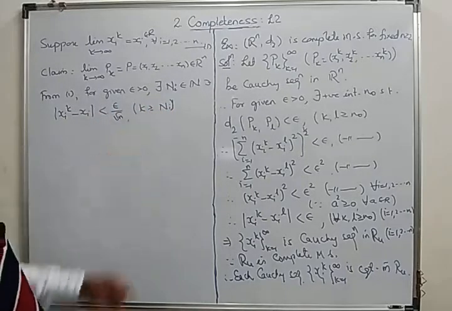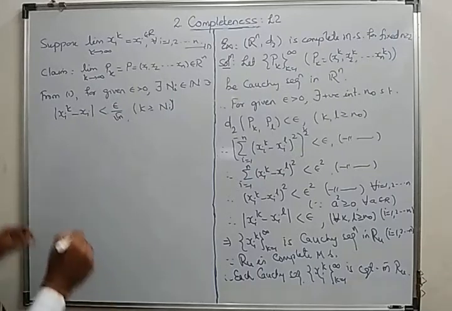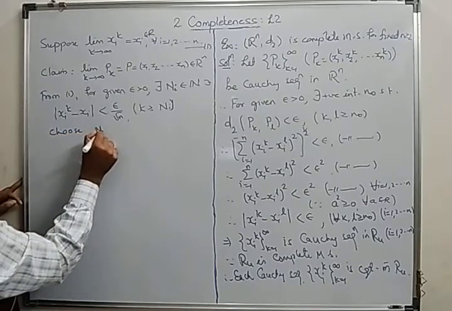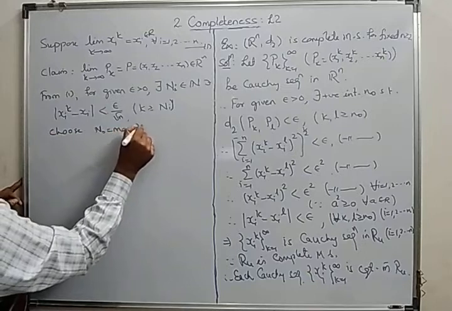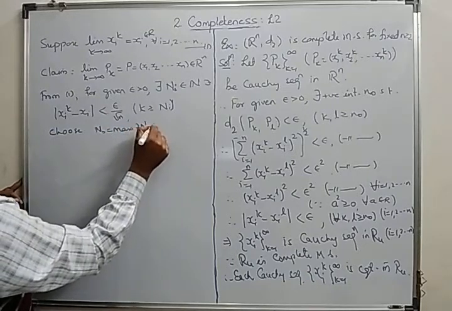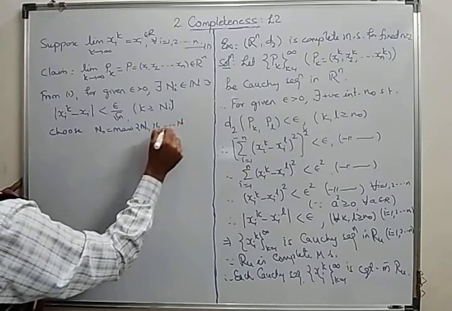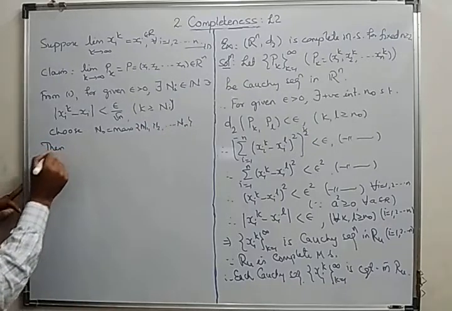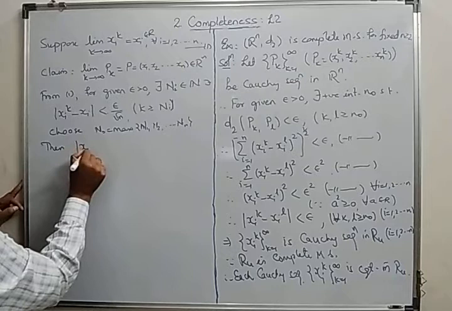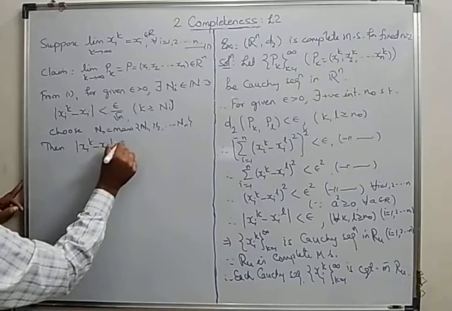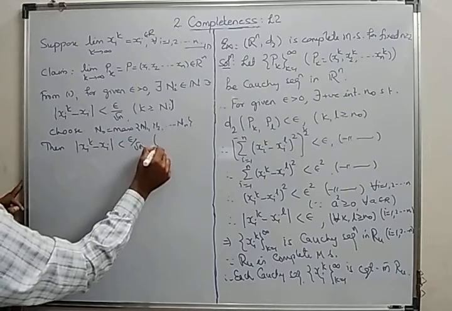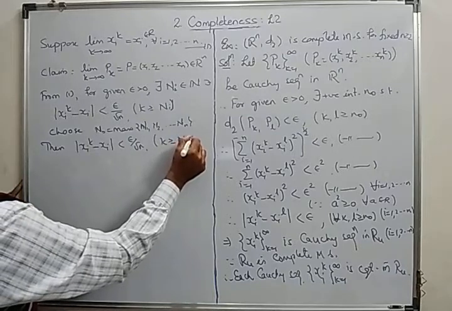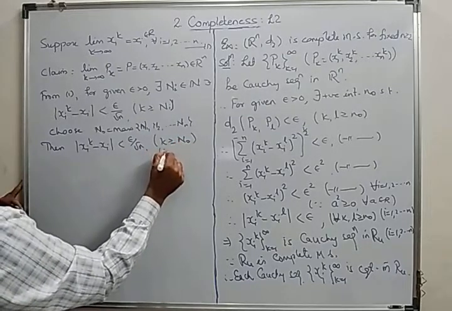Choose n naught equal to the maximum of N1, N2 and so on, Nn. Then mod of xik minus xi is less than epsilon by root n for every k greater equal n naught, i equal to 1 up to n.